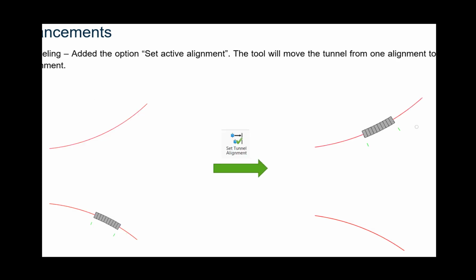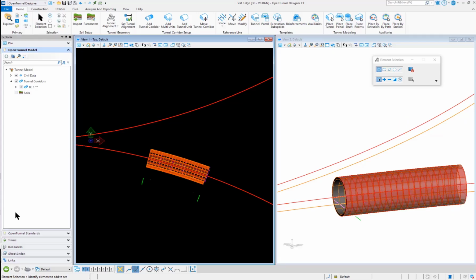The next enhancement we can see in detail is set active alignment for moving a tunnel from one alignment to another. In OpenTunnel Designer 2022 Release 2, we have added set tunnel alignment in the tunnel geometry.